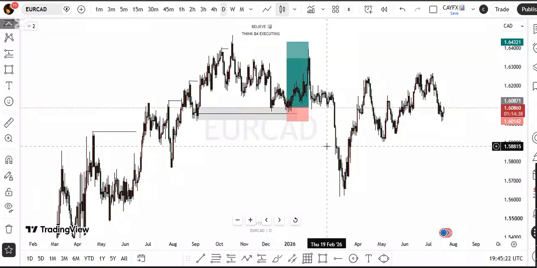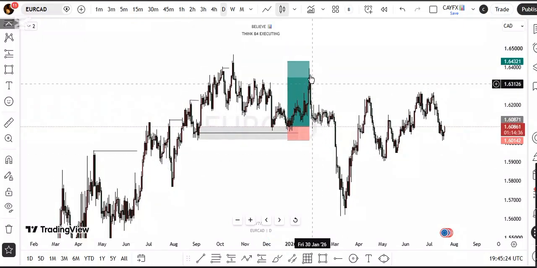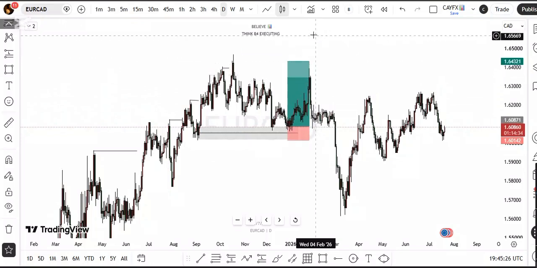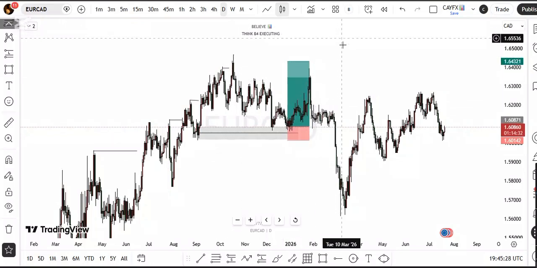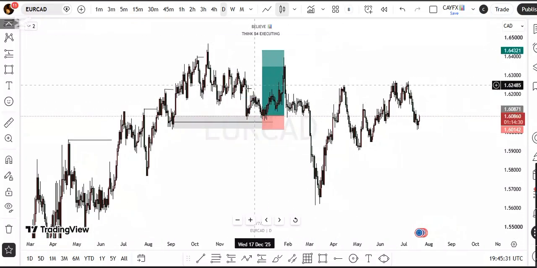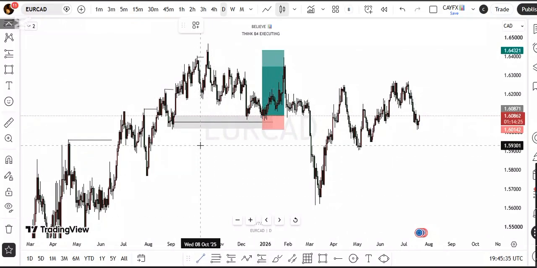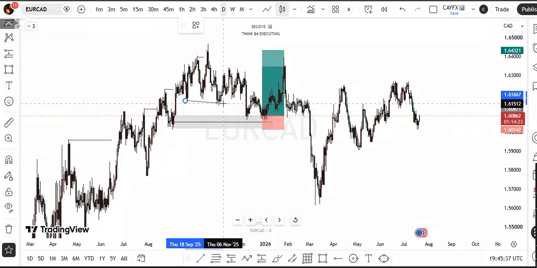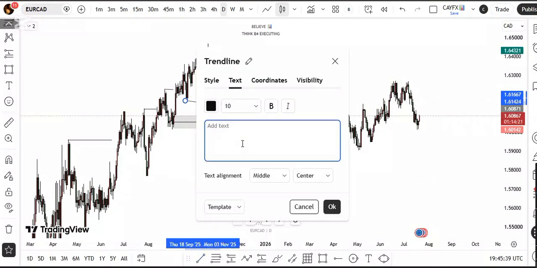You see it now. Then it didn't complete this buy because it was supposed to take this out. So it didn't break it, using this as liquidity.